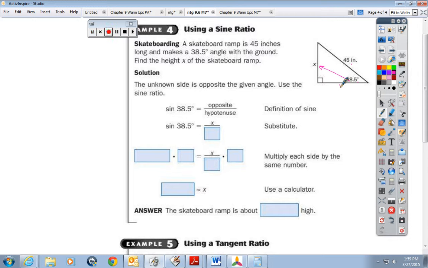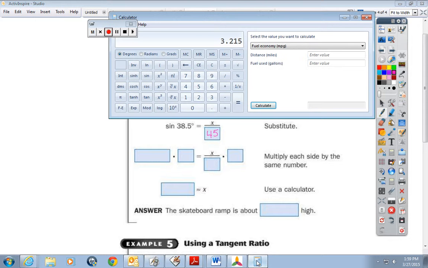Now, ask yourself, what's being done to x? That's being divided by 45. What's the opposite of dividing by 45? Multiplying. Now remember, I can go ahead and find out what is the sine of 38.5. 38.5 sine. And I get 0.6.